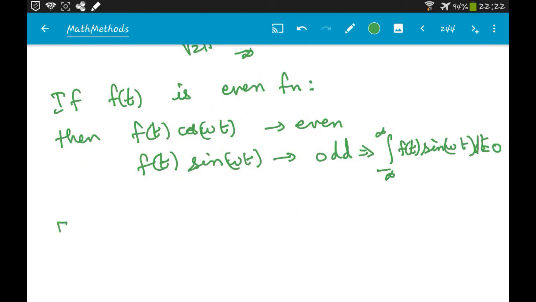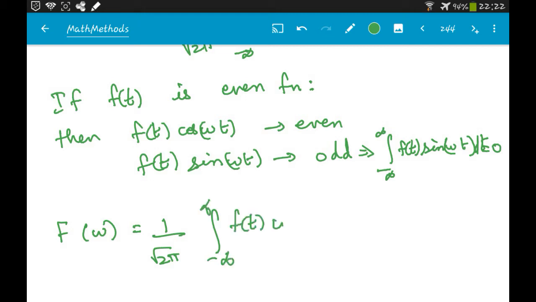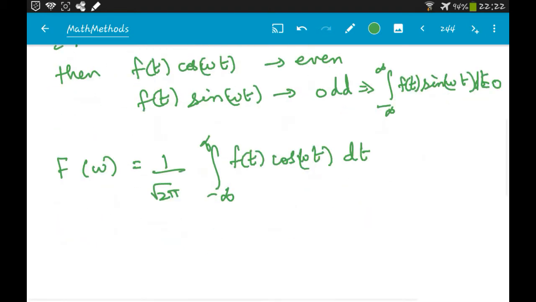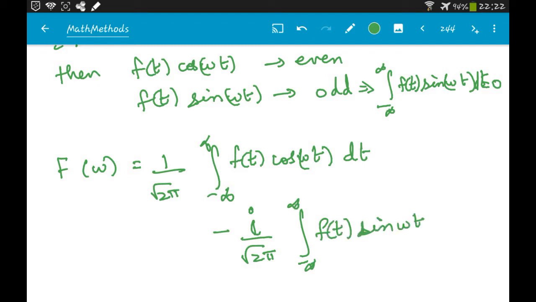Okay, but for the cosine part it will be 2 times. So we can write F of omega as 1 by root over 2 pi, integral from minus infinity to infinity f of t cos omega t dt, minus i by root over 2 pi, integral from minus infinity to infinity f of t sin omega t dt, right?